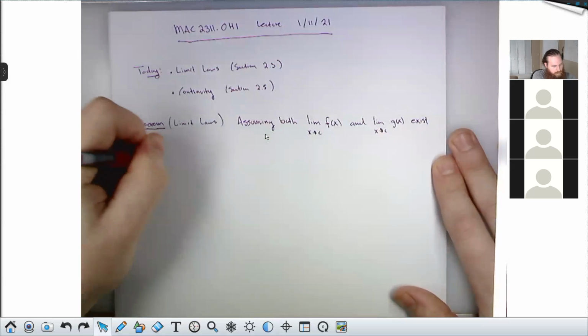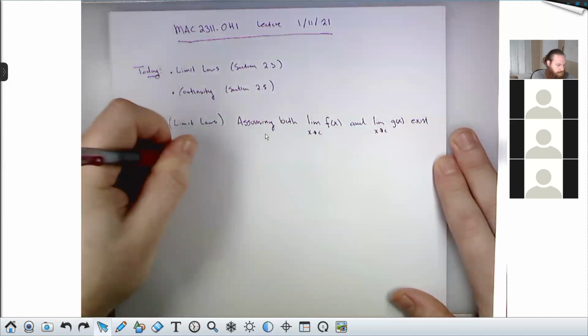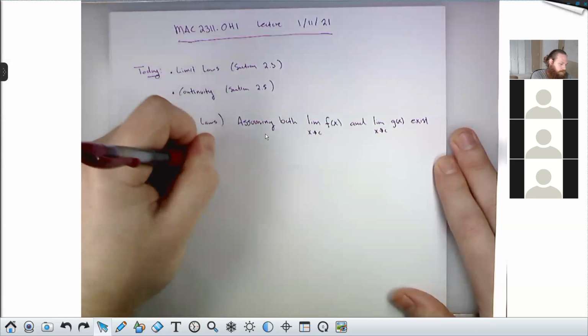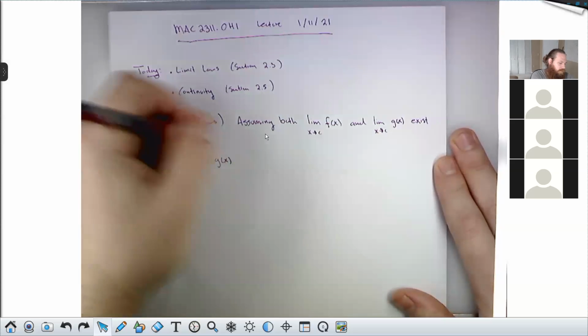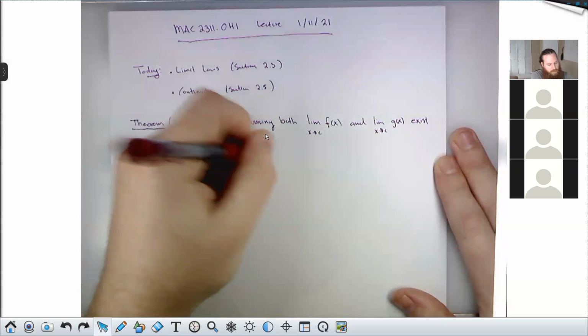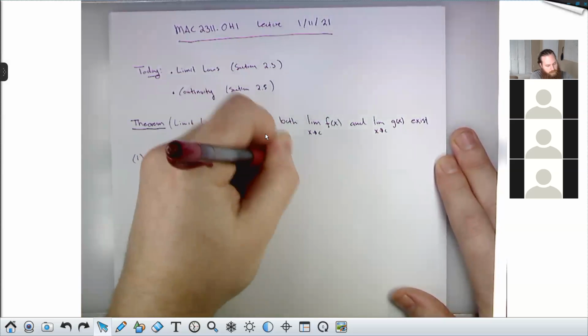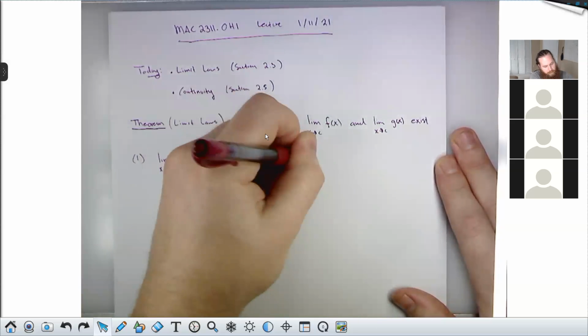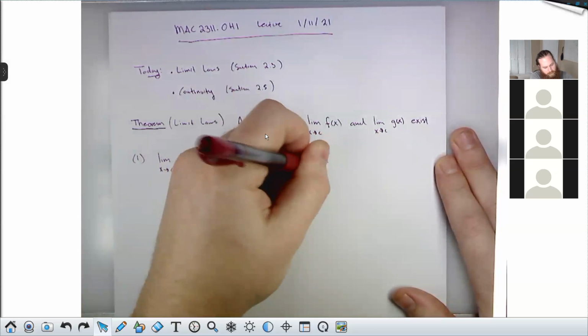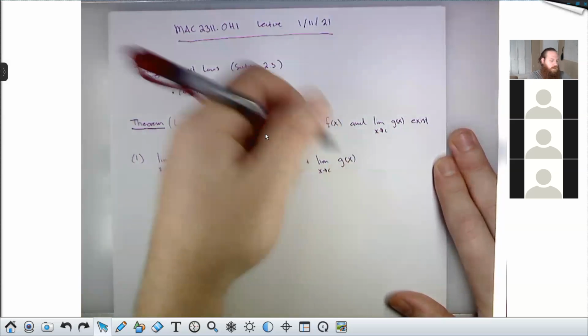First, the limit as x approaches c of a sum f of x plus g of x is equal to the sum of the limits. The limit as x approaches c of f of x plus the limit as x approaches c of g of x.